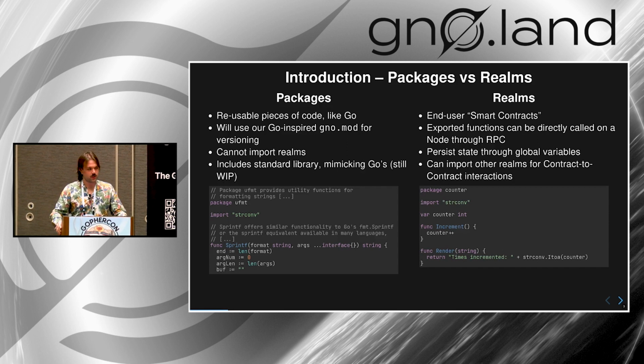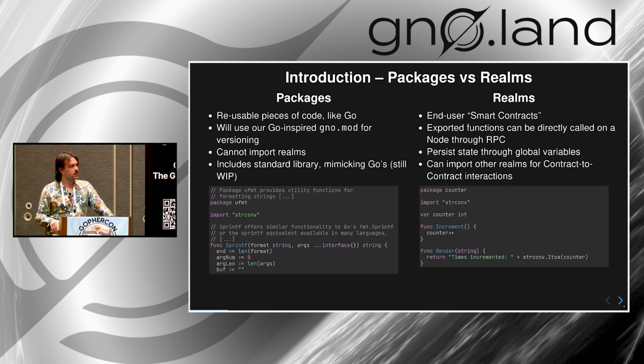For those of you outside of blockchain, a smart contract is essentially a program that runs on the blockchain. There are currently on existing blockchains a lot of domain-specific programming languages for this. Some blockchains, because they're based on bytecode, have LLVM compilers which go from Rust to the blockchain's bytecode.